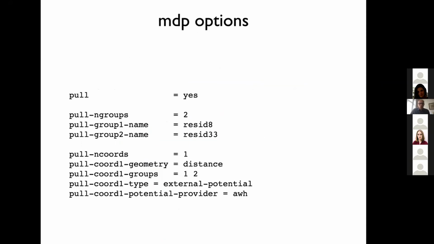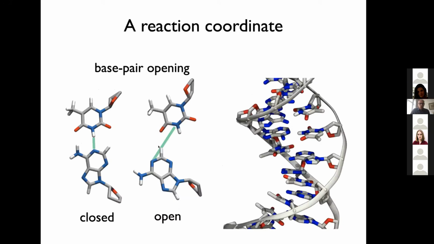That's because, let's see if we can go back to a picture, the difficult part in sampling this reaction coordinate is where you have to find the correct hydrogen bonding partners. You can imagine that if it's partnered or nearly partnered, then the system has no problem moving back and forth along this green distance. Also, if it's a bit further open, the system just wiggles around without much trouble.